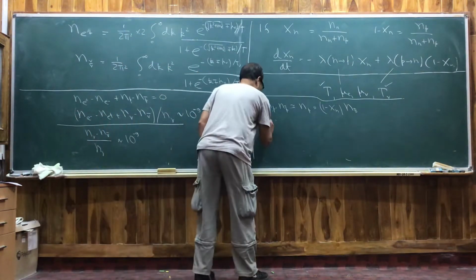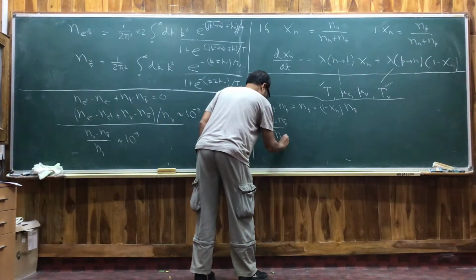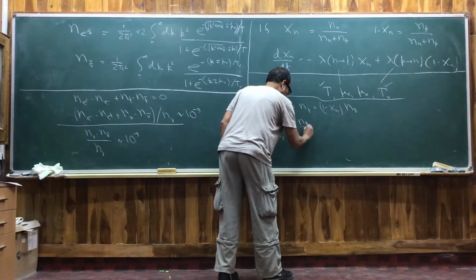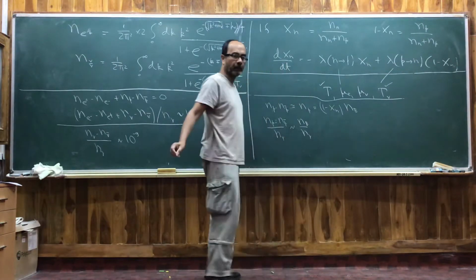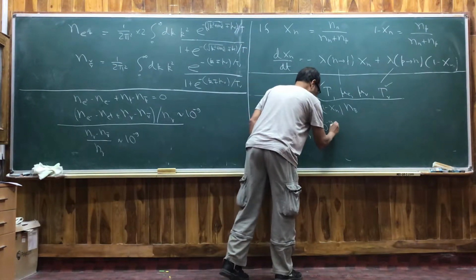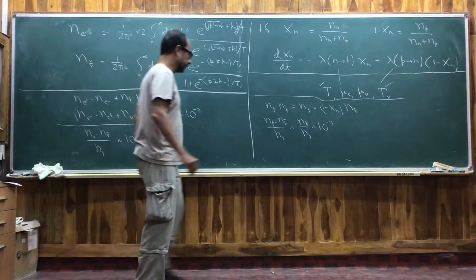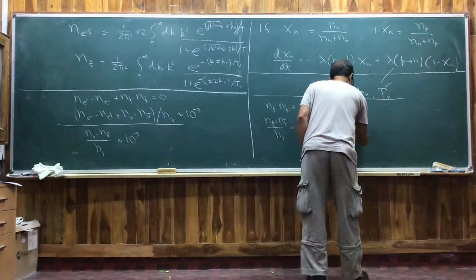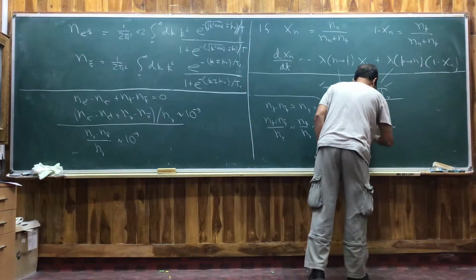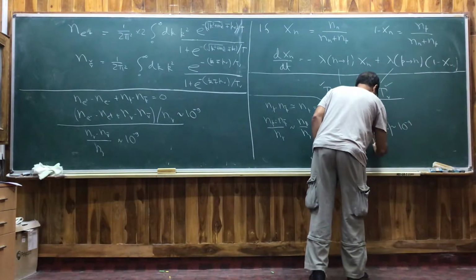So Np minus Np bar over N gamma is of order Nb over N gamma, because 1 minus xn is a number of order 1, which is 10 to the minus 9. This tells us that Ne plus minus Ne minus over N gamma is of order 10 to the minus 9.